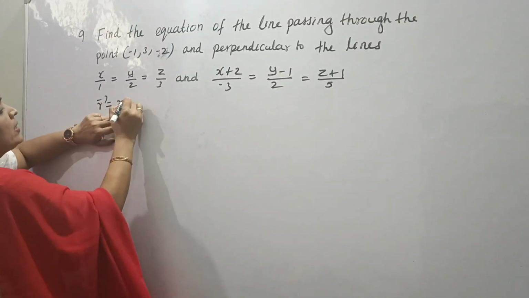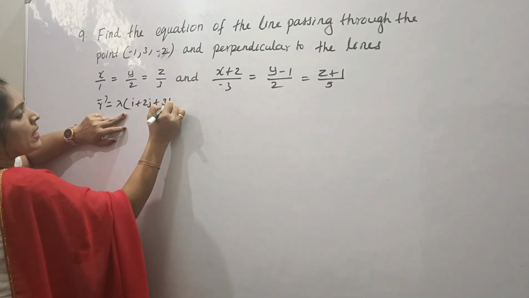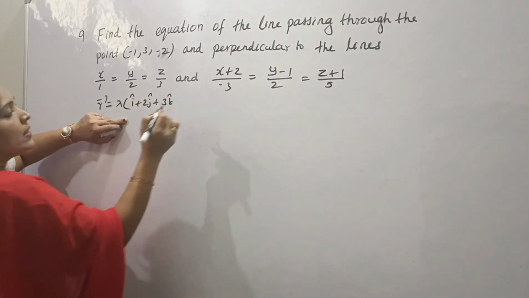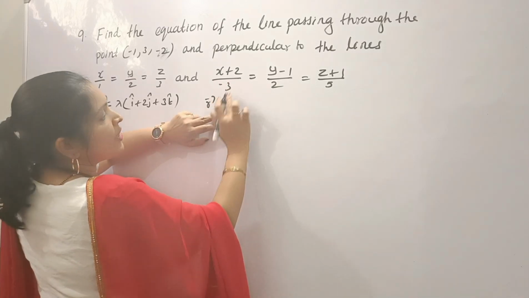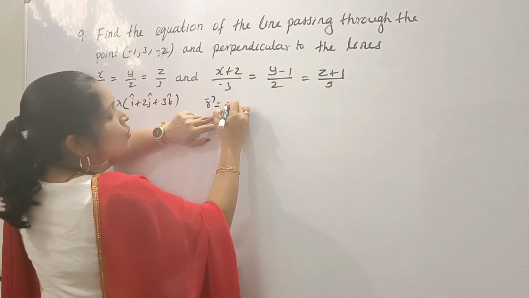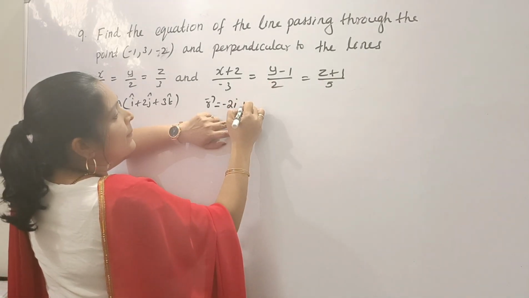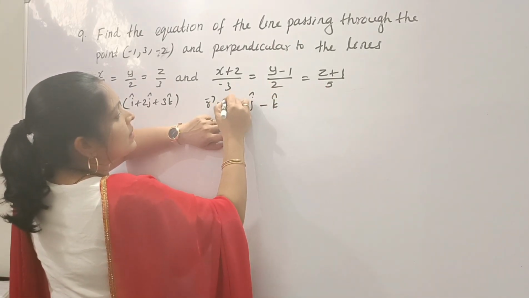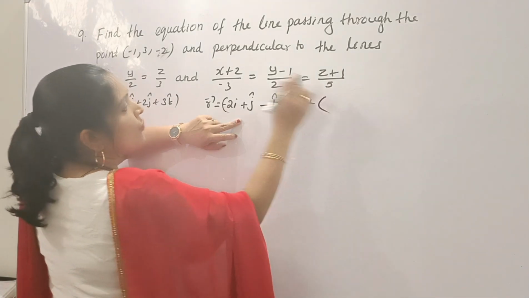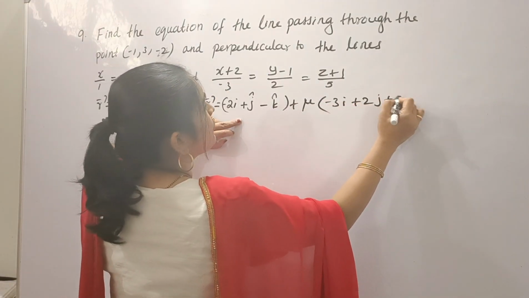Therefore, vector b1 is i plus 2j plus 3k. And here vector r is equal to vector a2, that is minus 2i plus j minus k, plus mu into vector b2, which is minus 3i plus 2j plus 5k.